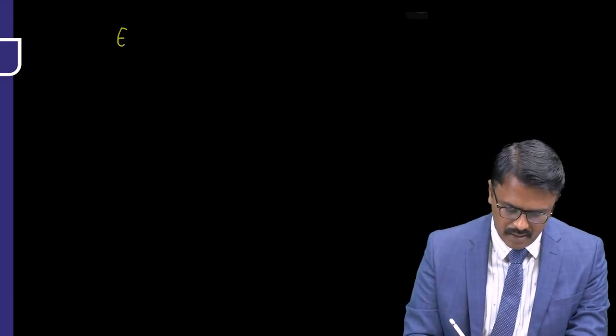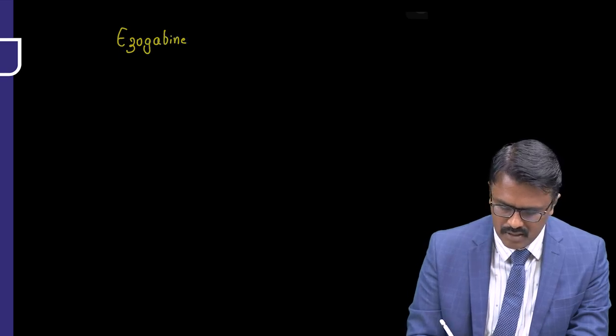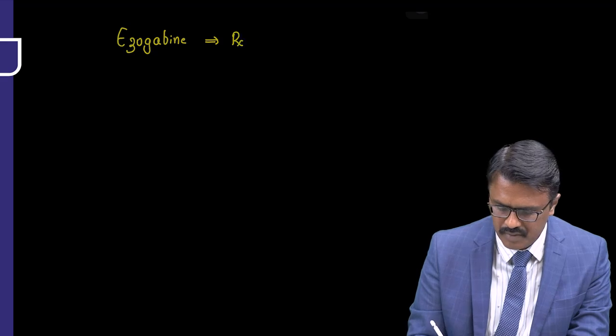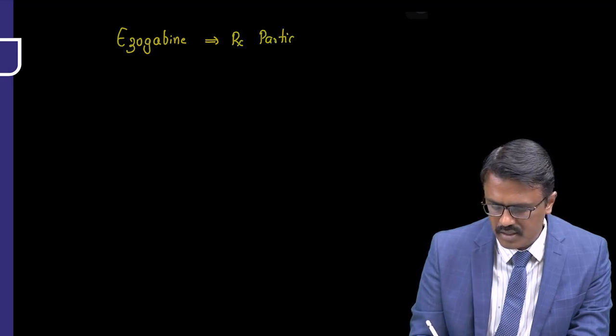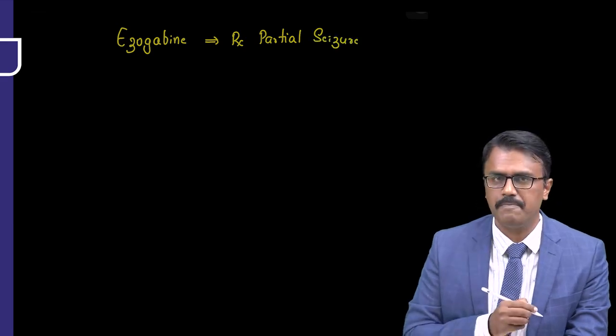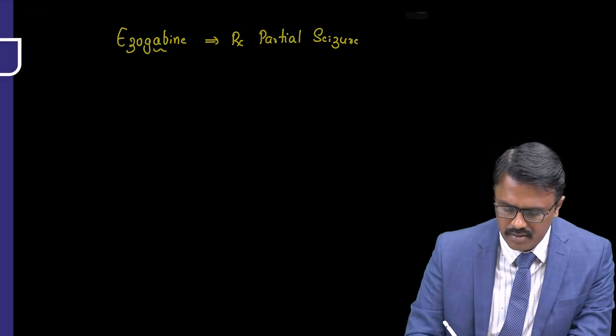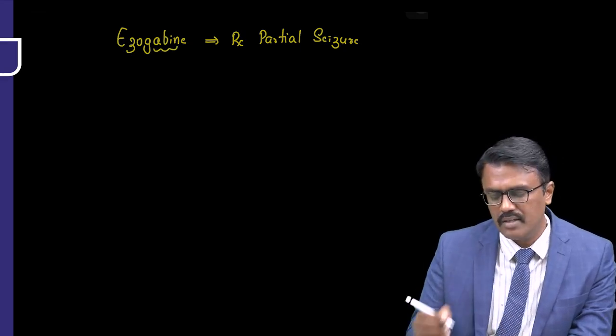I'll ask you one more question, very, very important. Even if you don't know these drugs, just understand the concept. There is a drug by the name ezogabine. It's a drug used to treat partial seizure. There is an epilepsy condition called partial seizure. For that we use ezogabine. But with ezogabine, the seizure was not controlled.